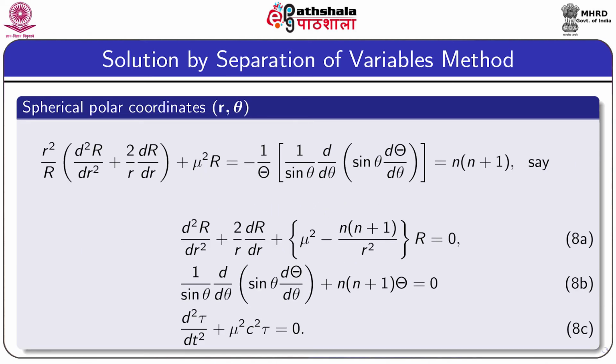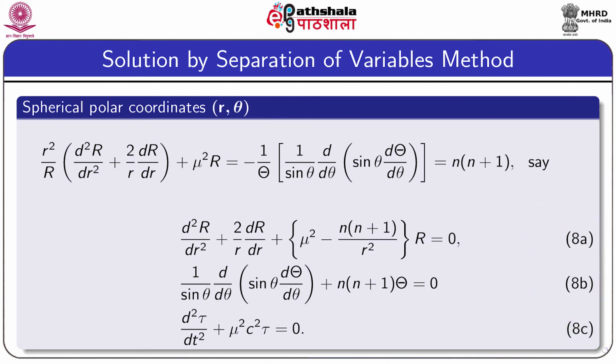Again, we separate the functions capital R and theta, and we assume the separation constant now as n into n plus 1. Therefore, the equations for capital R, capital theta and tau become as shown in equations 8a, 8b and 8c.